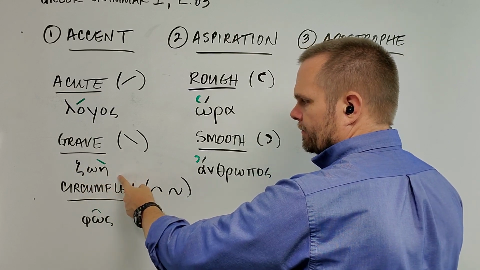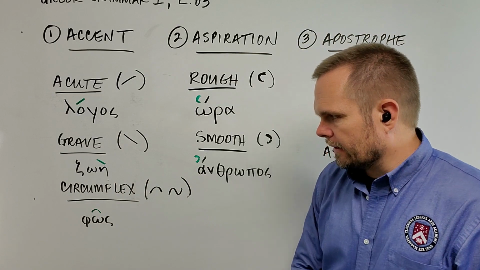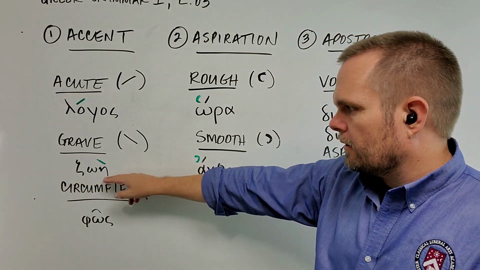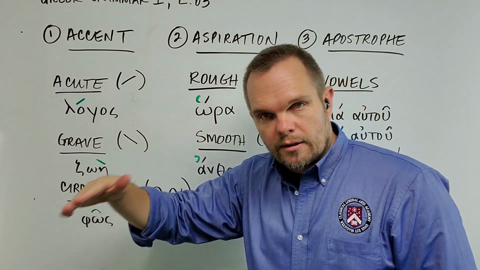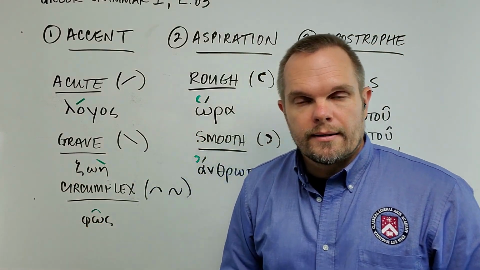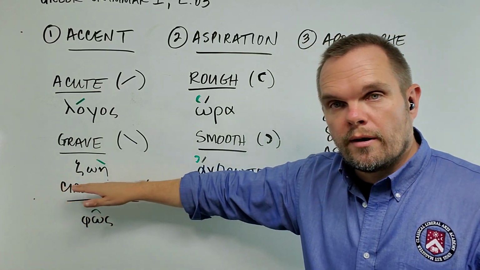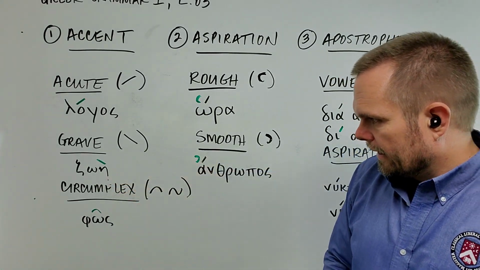If we add a grave accent, we have zoe. You can hear there's a decline on that second syllable in the word. Okay, that's a grave accent.